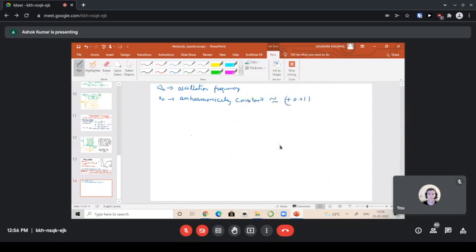So let me just draw this curve here. This curve is like this. R equilibrium is on the x-axis and energy is on the y-axis.